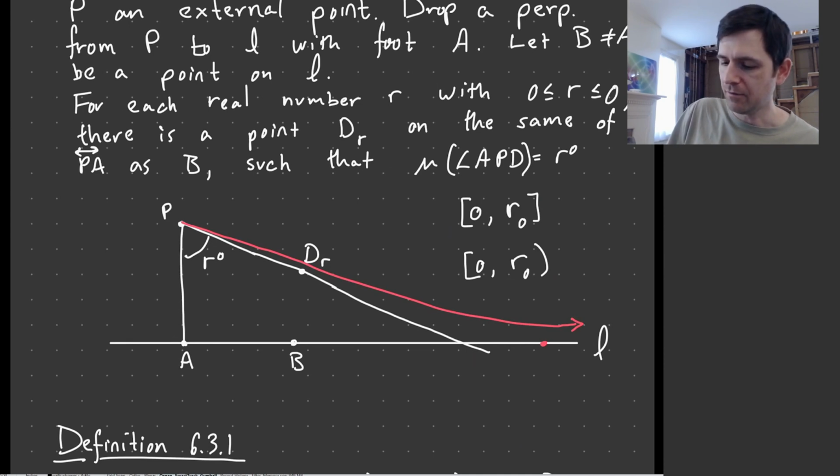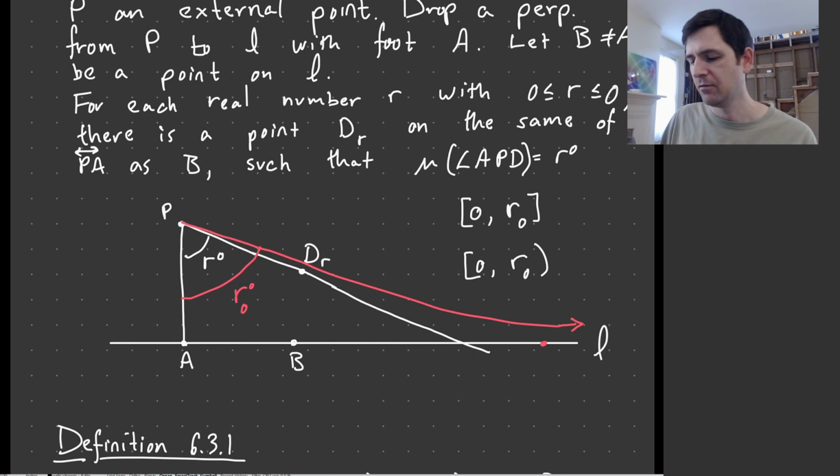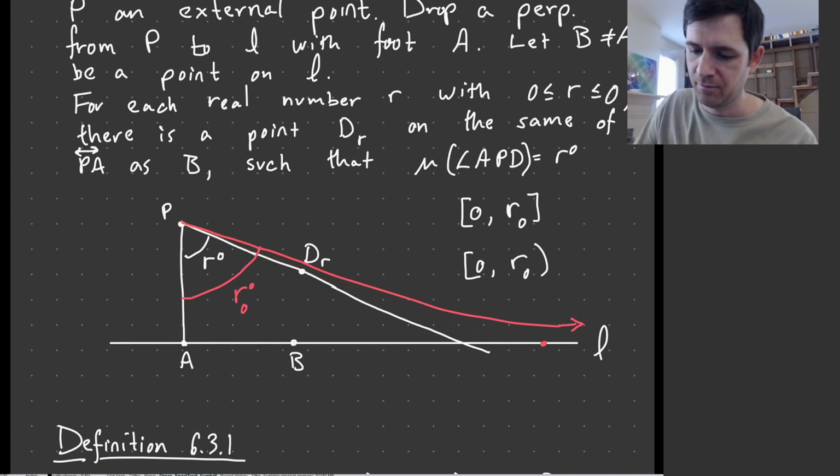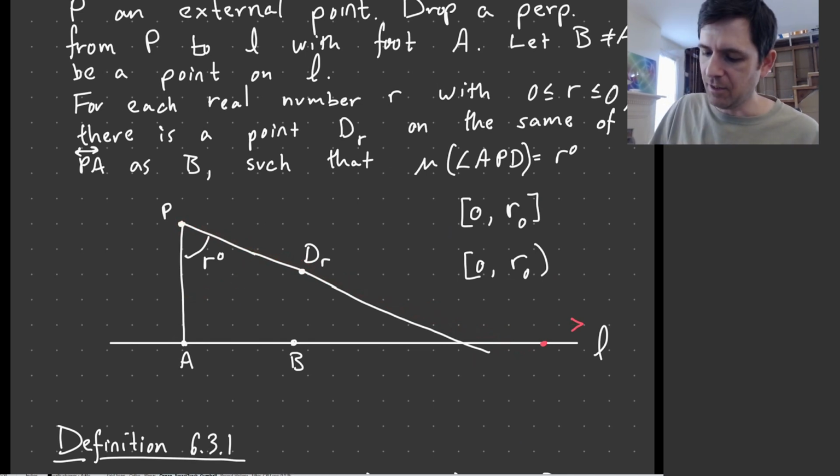This will be the angle R naught degrees. And if you look at the line at that angle, then every line at a smaller angle will intersect L. Okay, that's the idea.